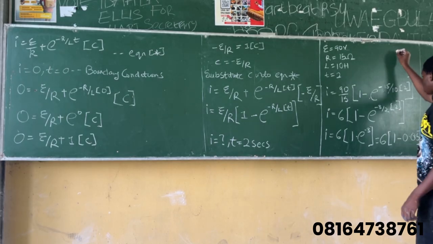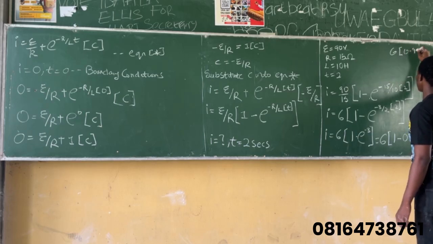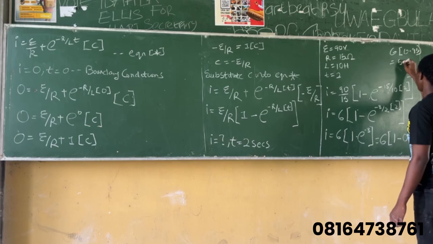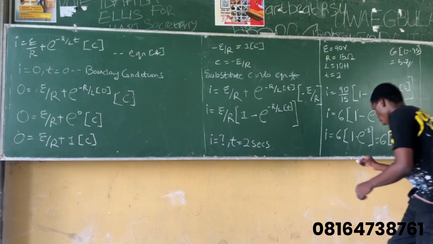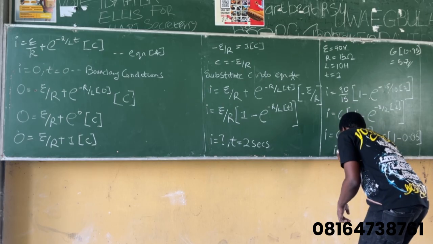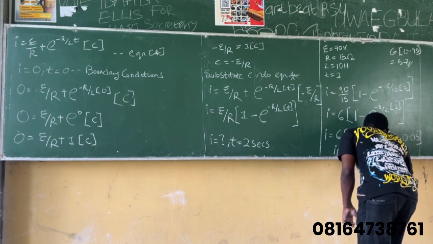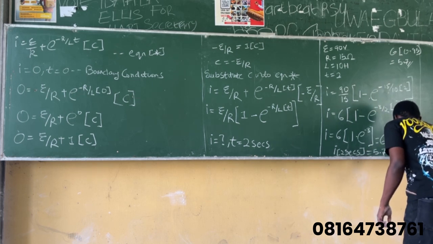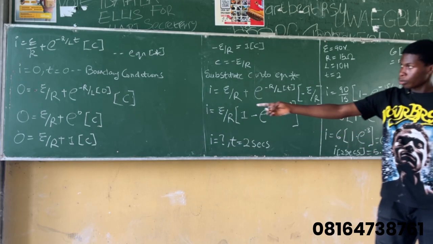So 6 multiplied by 0.95 gives 5.7. So I at 2 seconds is equal to 5.7 amps.